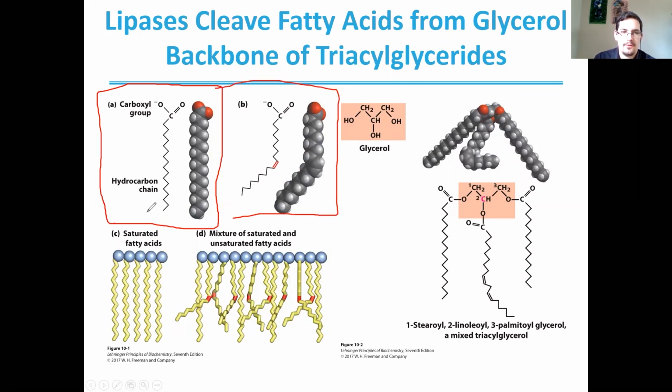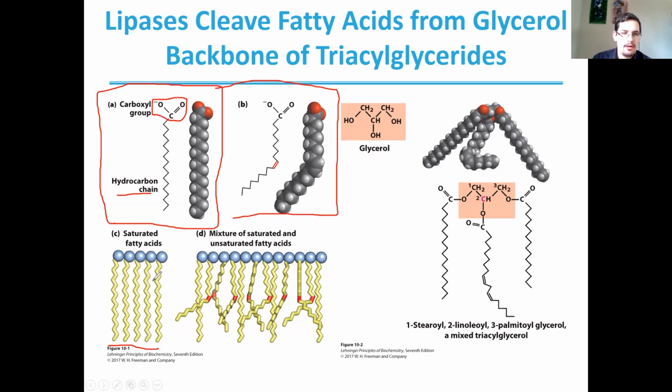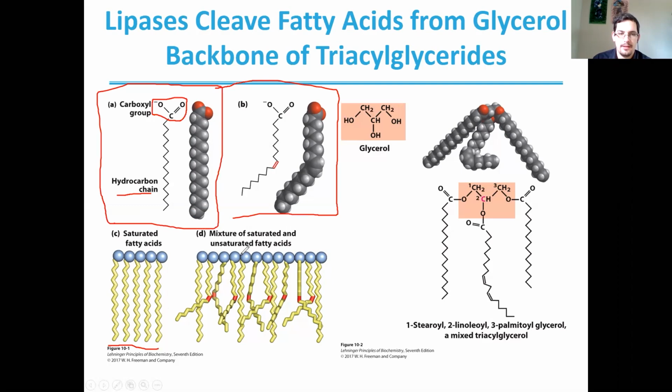In both cases, we have our long hydrocarbon chain, and then we've got our carboxylic acid head group. And then you've also got your space filling models down there showing the difference. Remember, our saturated fatty acids pack together very nicely and have high melting points. Our unsaturated fatty acids don't pack together as well and have lower melting points.